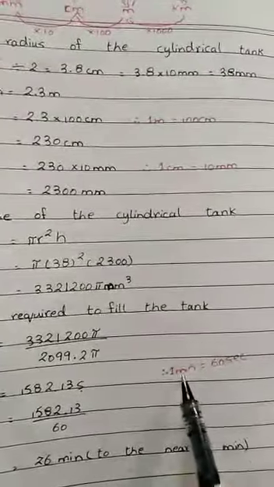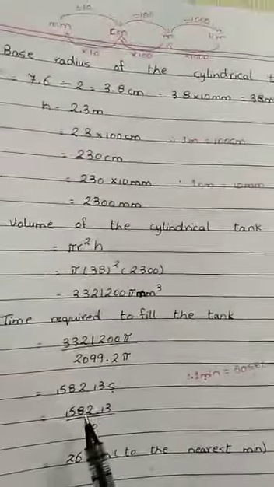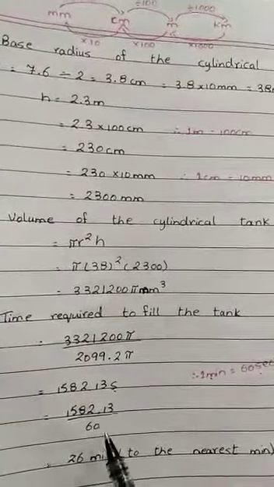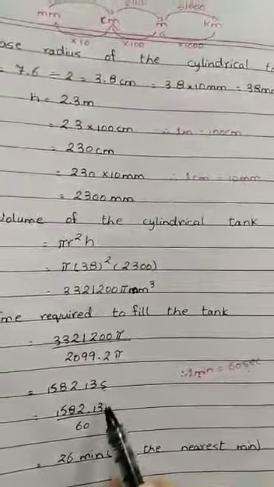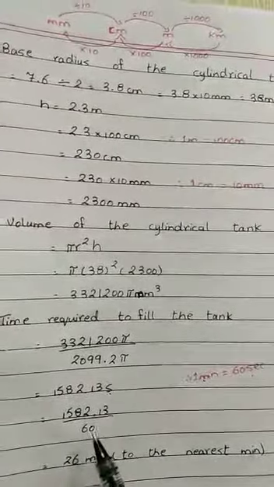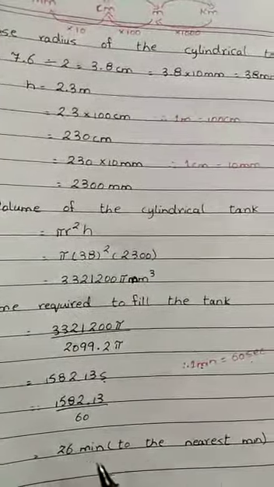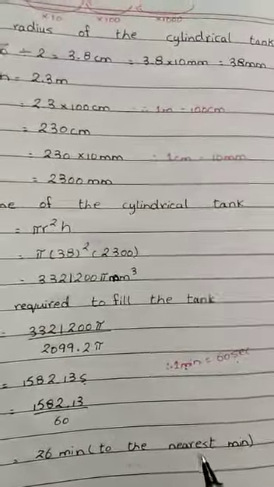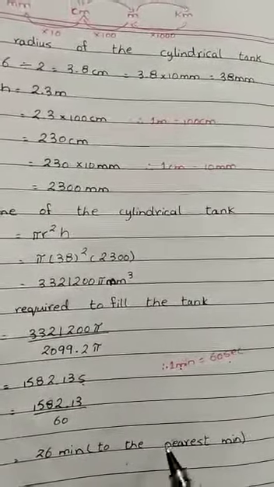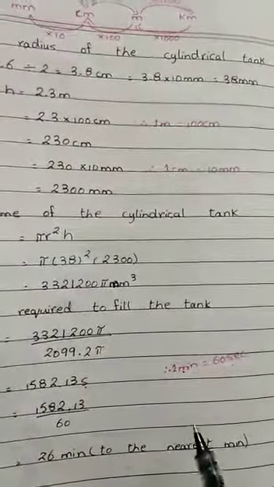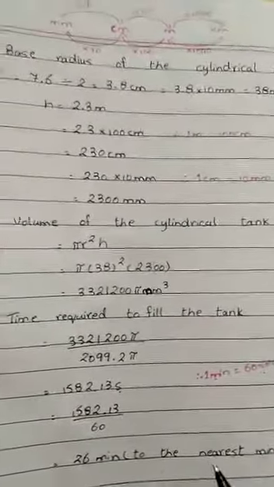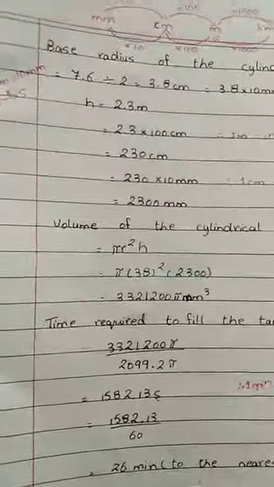We know that 1 minute is equal to 60 seconds, so for converting this value we divide it by 60. Second is the smaller unit and minute is the bigger unit, so smaller to bigger, we divide. In this way we get 26 minutes to the nearest minute. So this is the time required to fill the tank. This is question number 11 of exercise 14C.